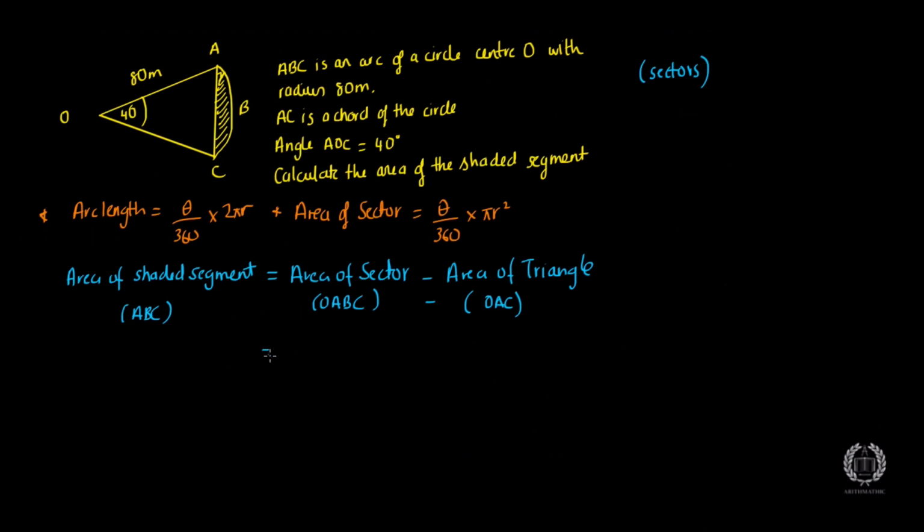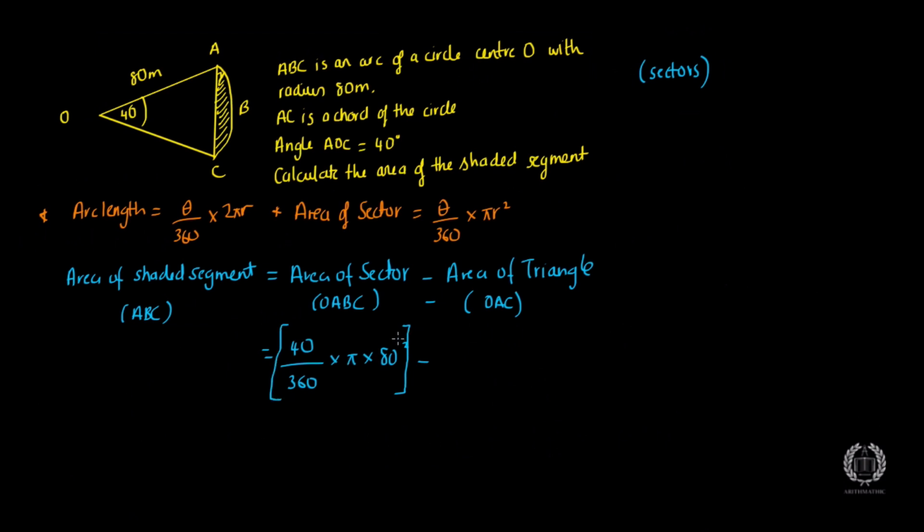Okay? So now all we need to do is put the formulas in. For the area of sector, we're going to use this formula. Theta in this case is 40 over 360 times pi times my radius, which is 80 squared, in a bracket like that.